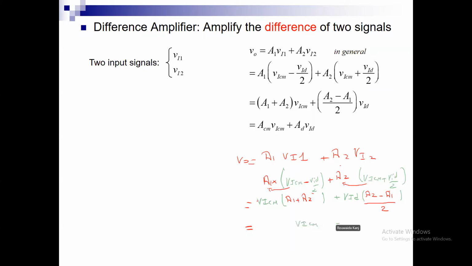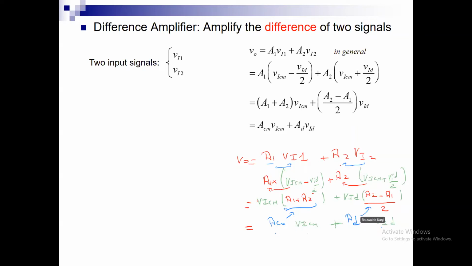Okay, so now I can rewrite my amplifier output as VICM plus VID multiplied by the common mode gain of the amplifier and the differential mode gain of the amplifier, that is, how much it amplifies the common mode and the difference. We can clearly see that the common mode gain can be derived from the initial individual input gains, and the differential mode gain the same.